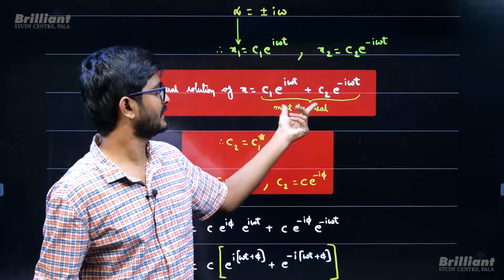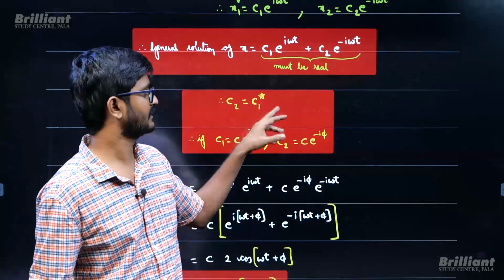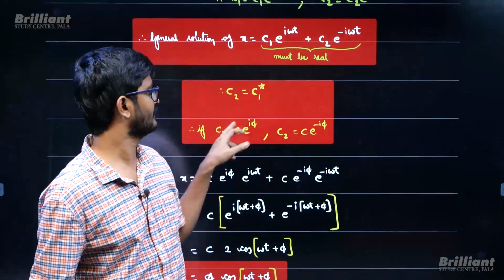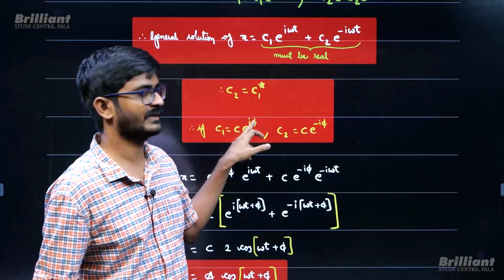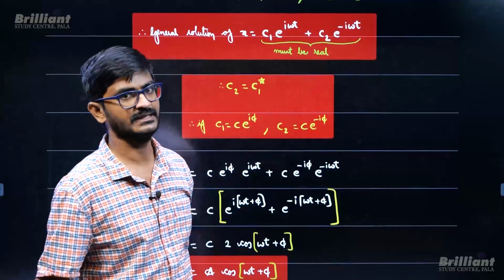But this has to be real. So for this to be real, c1 and c2 have to be complex conjugates, so c2 equals c1 dash. If I assume c1 as c into e power i phi, then c2 will be c into e power minus i phi, only then the summation is going to be real.